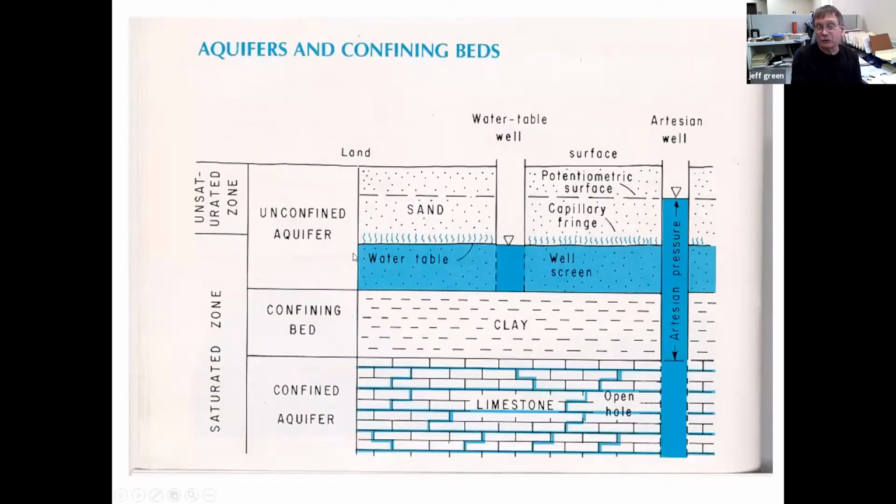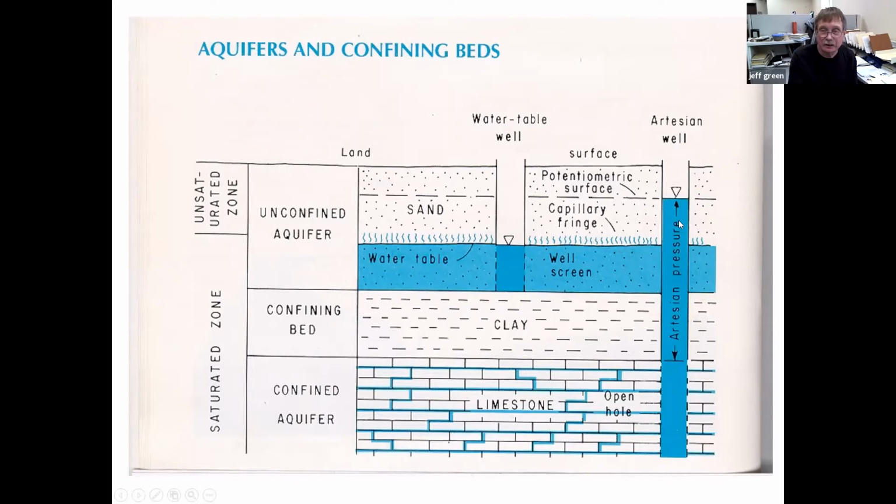We have unconfined aquifers, where the pressure in the aquifer is the same as the atmospheric pressure. And then you'll have aquifers that are confined. They're being squeezed by the material above, and that makes them artesian, and the water is above the top of the aquifer.